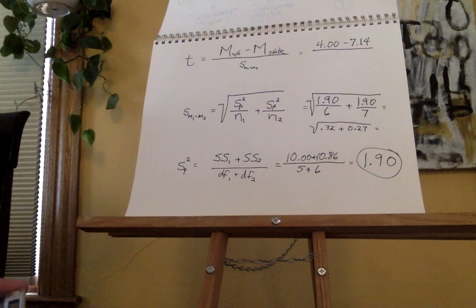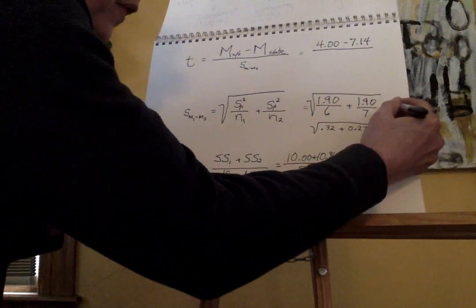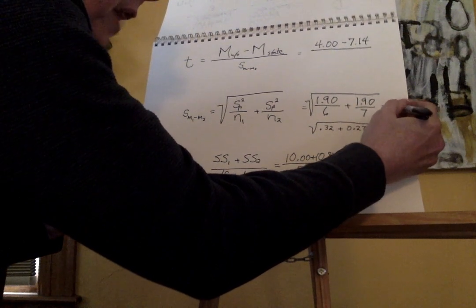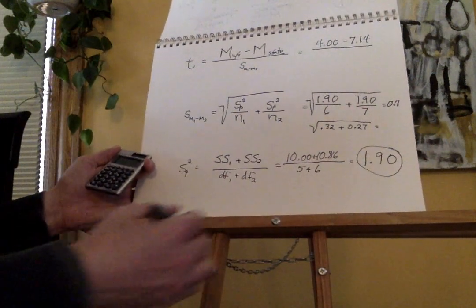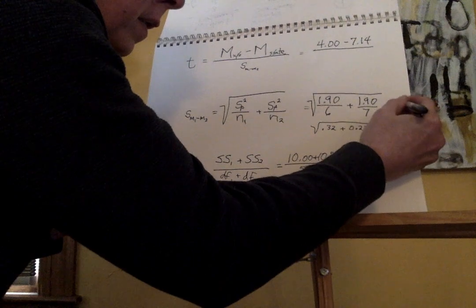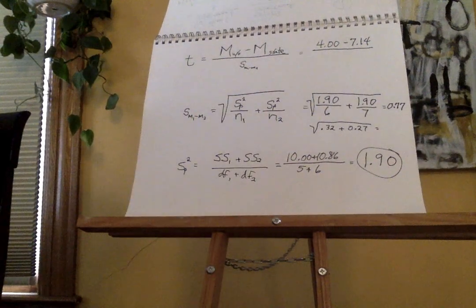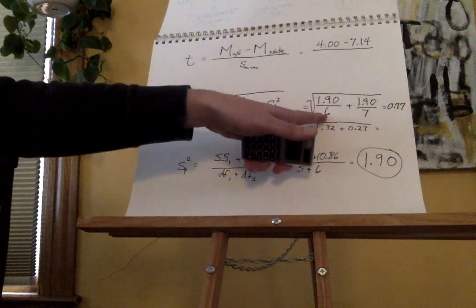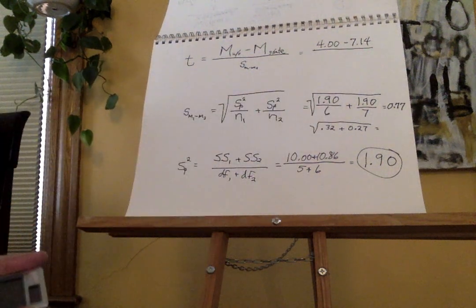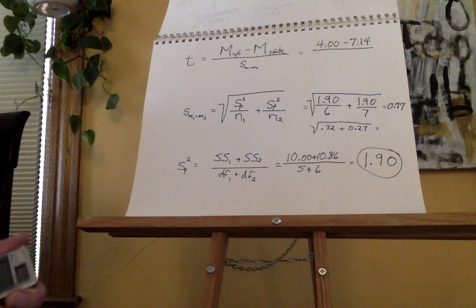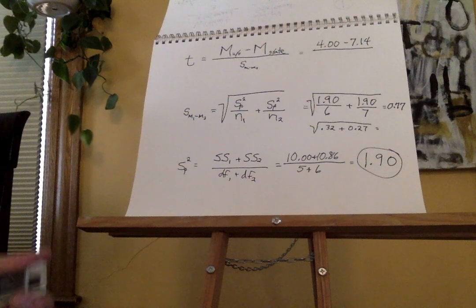Take the square root, 0.77. Everybody with me? 1.9 divided by 6. Let's double check. 0.32, okay? 1.9 divided by 7, 0.27.